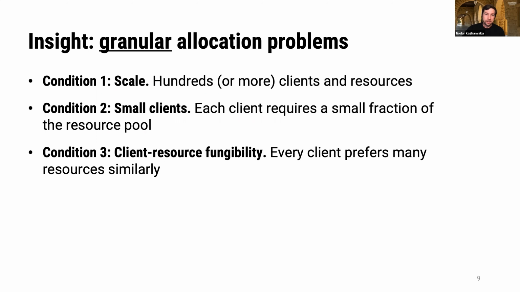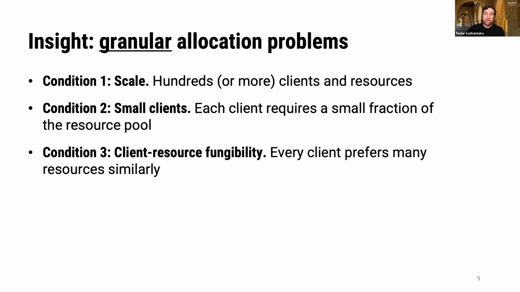Our key insight is that a number of allocation problems across domains, such as cluster scheduling, traffic engineering, and load balancing in databases, have several properties in common. The first is scale. Systems can have hundreds or even hundreds of thousands of clients and resources. This is partly what makes these problems hard in the first place. The second is that clients are small.